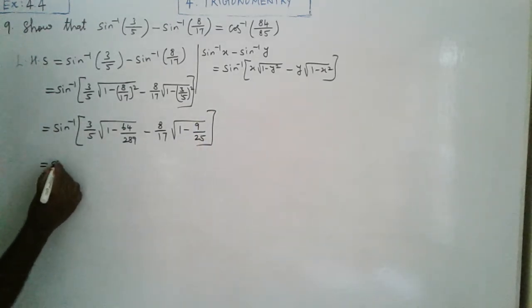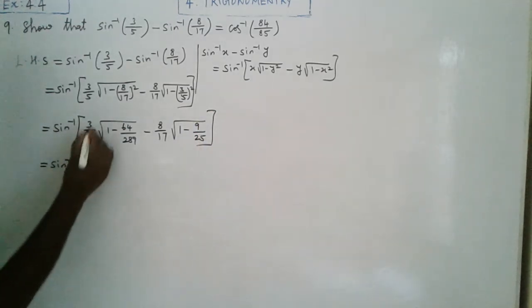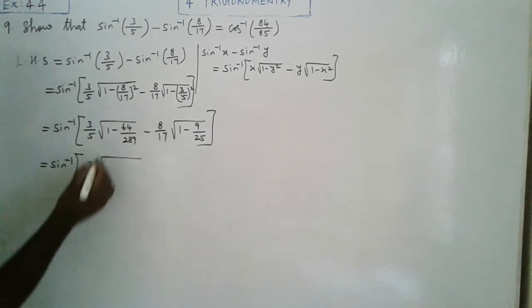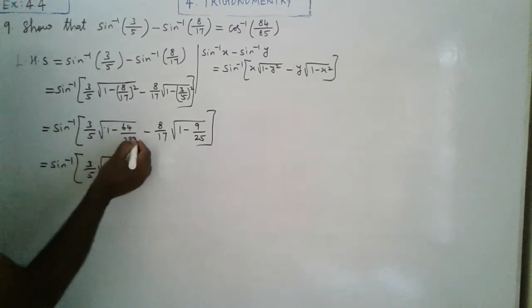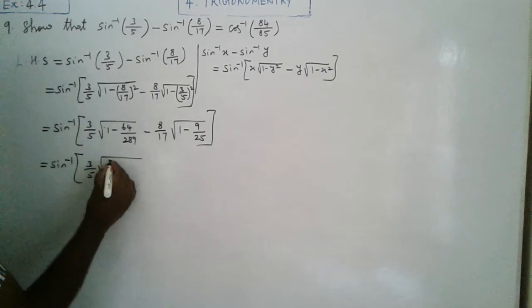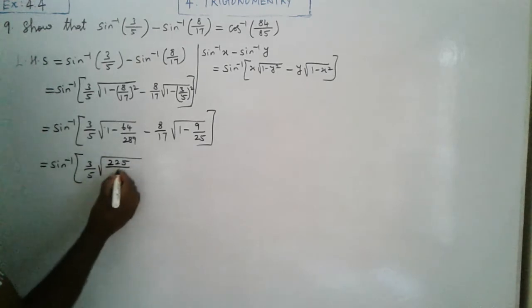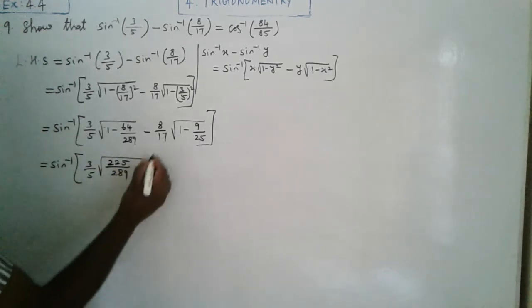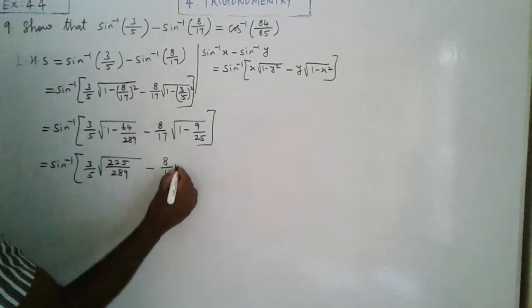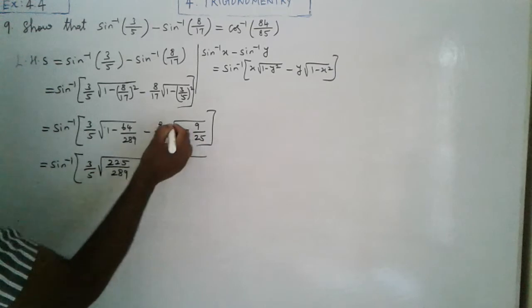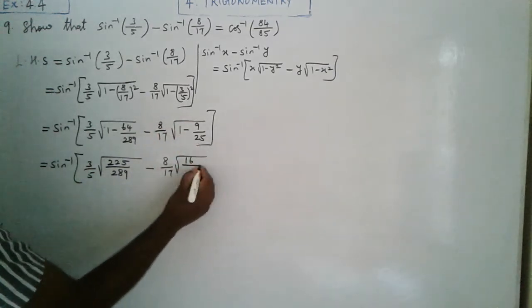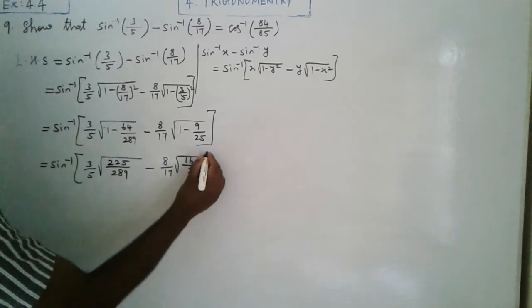Equal to sin inverse of 3 by 5 root of 289, cross multiple, then 289 minus 64 is 225 divided by 289, minus 8 divided by 17 root of 25 into 1 is 25, 25 minus 9 is 16 divided by 25.